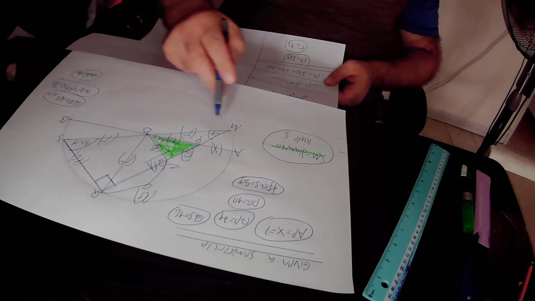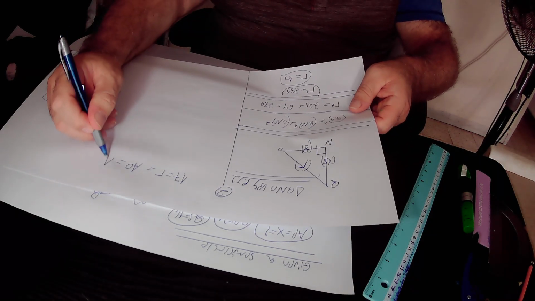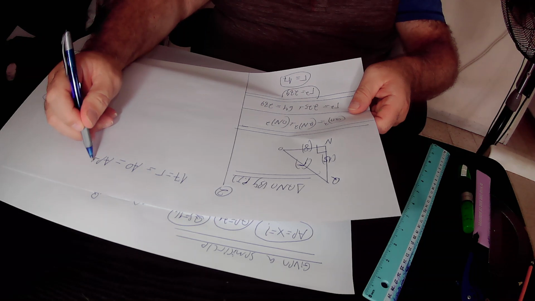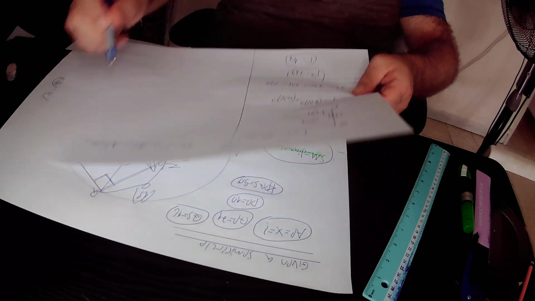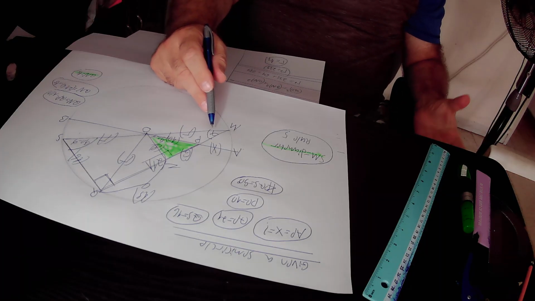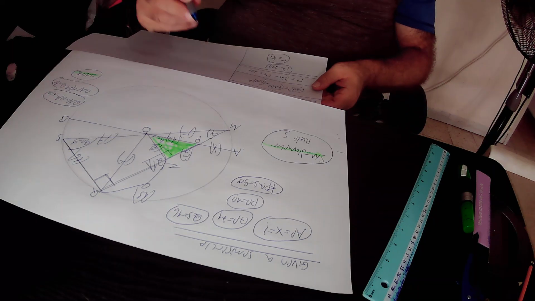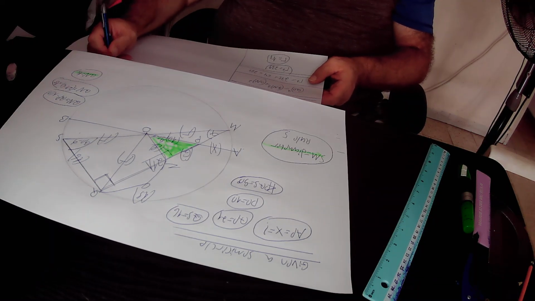Again, AO equals AP plus PO. But AP itself equals X. AP is the line segment that we are looking for in this question. And it is X plus PO.